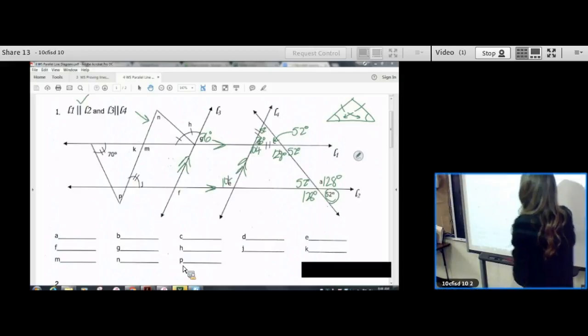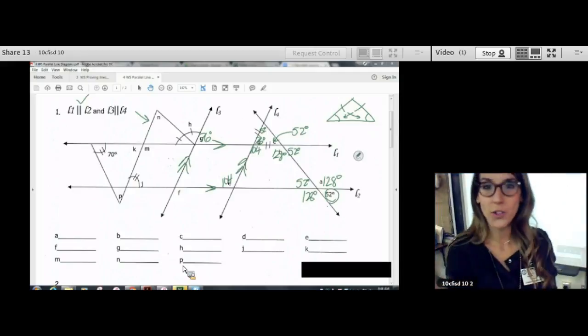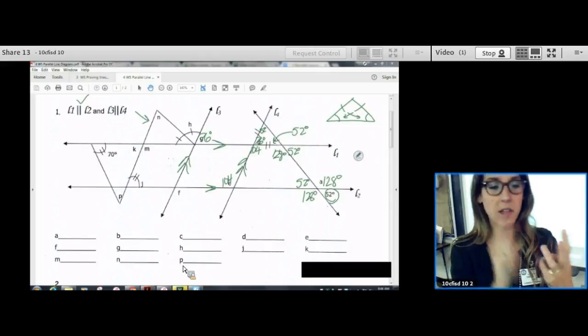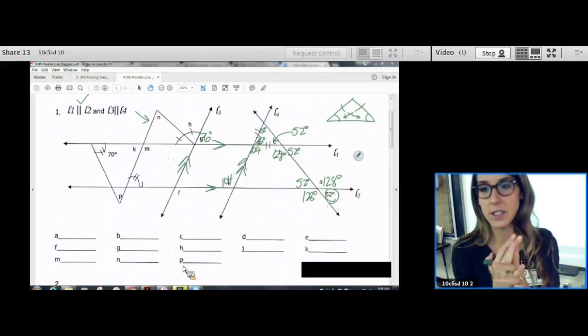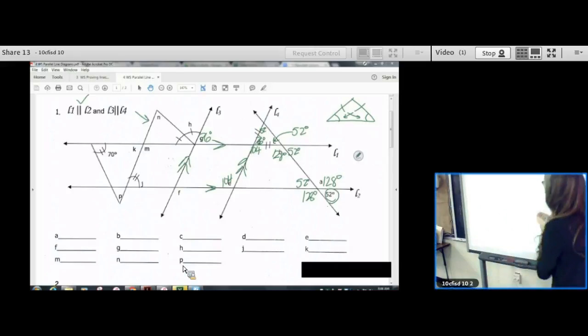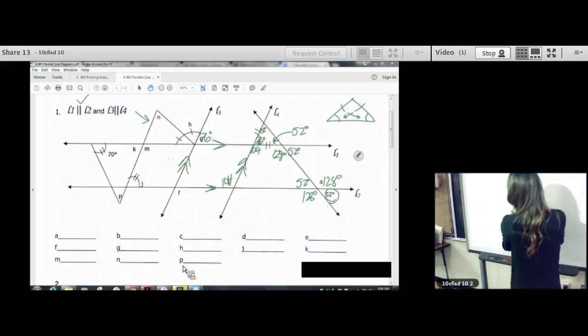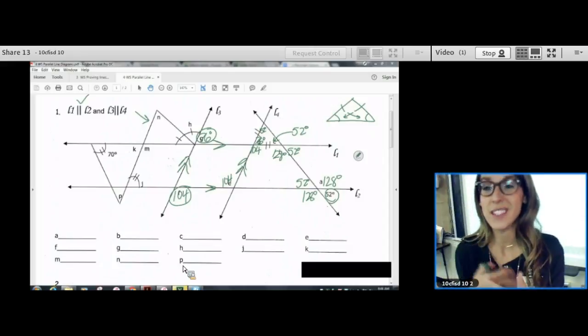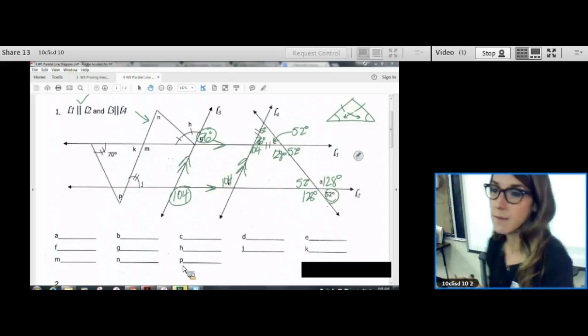And then how do I know that E is 104? Alternate interior. See how we're using all of these? Linear pair, vertical angles, alternate interior. Lots of good stuff here. What would F be? You could use alternate interior, or you could have used same side exterior, same side supplementary. You could have found the supplement of 76. You see how this is working?